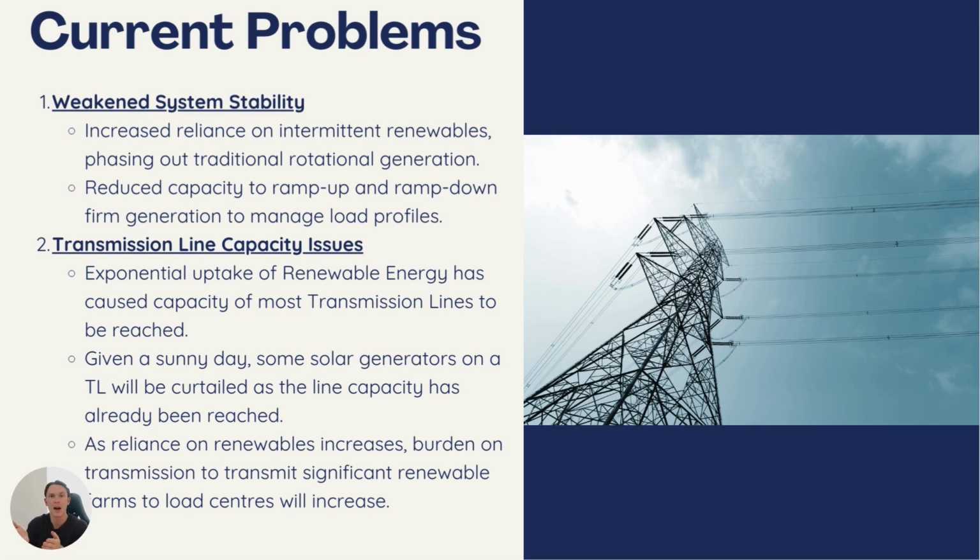Since the start of the Australian power grid, this rotational generation has allowed the market operators and the transmission network to ramp up and ramp down as required to meet different load profiles. As this rotational generation is being phased out, the transmission networks have reduced capacity to both ramp up and ramp down our firm generation to manage load profiles, which weakens system stability because our frequency swings up and down and our voltage swings up and down depending on our supply and demand balance.